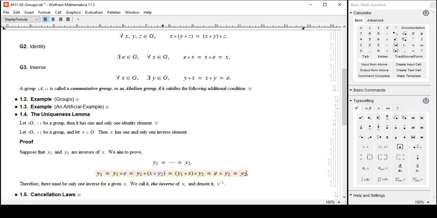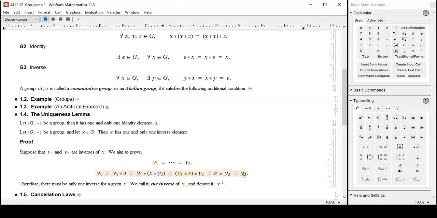Next, use the associativity and group this y1 and x together and y2 separate. And this falls into this as well. It's E because y1 is also an inverse. So that's E.